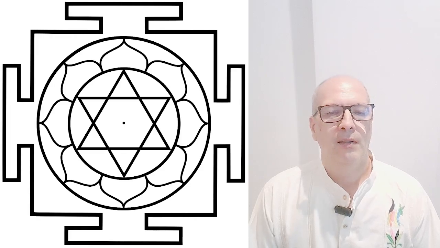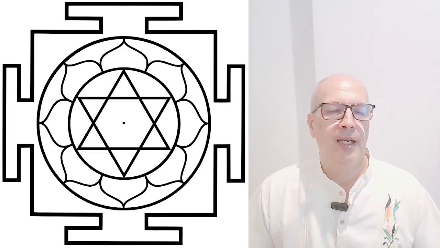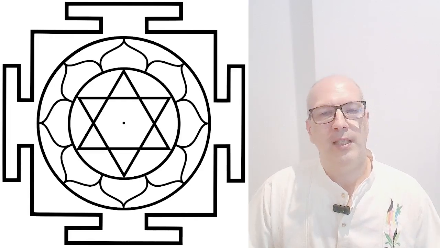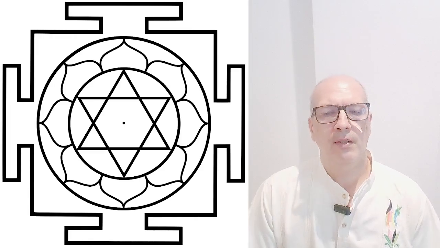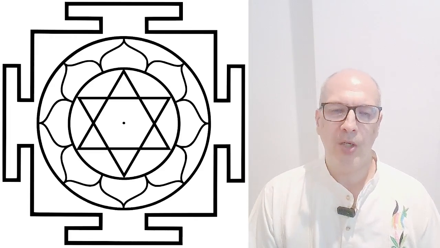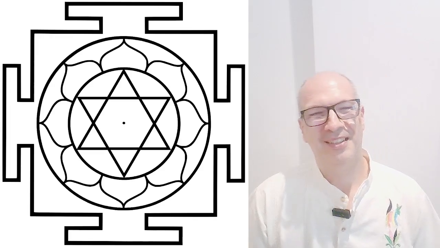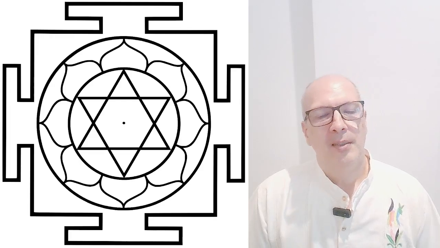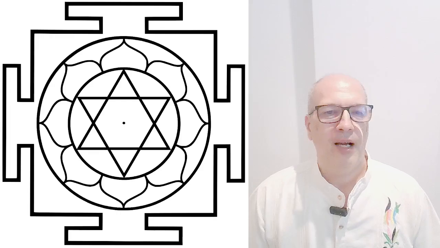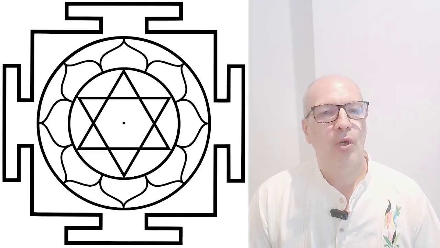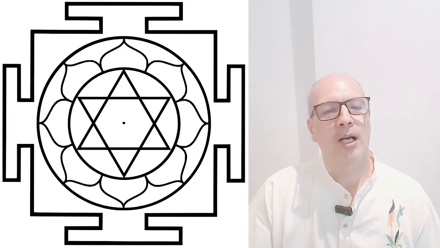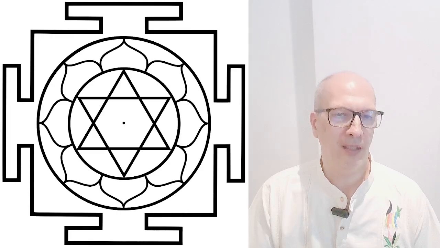We visualize, we imagine that we are in the center of the yantra, and we choose this very simple yantra because we just want to experience the idea. But sure, there are some other more complicated yantra that you can project on your body, but you have to understand the significance.